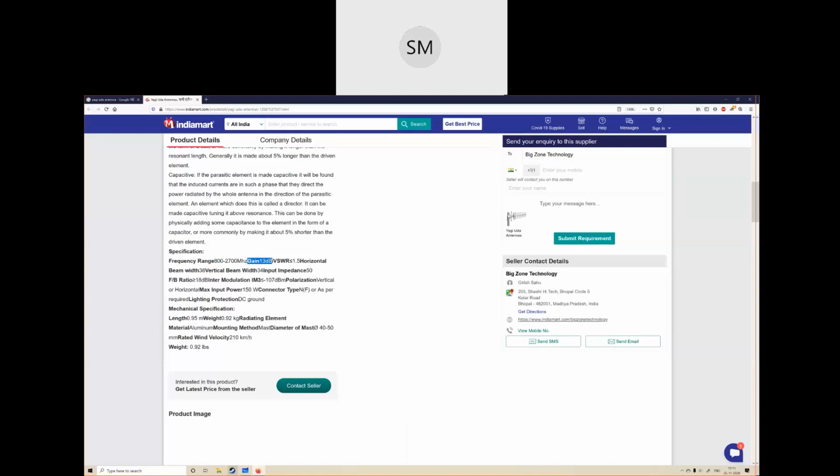Gain is 13 dBi. What does it mean? What does a gain of 13 dBi mean in the specs?